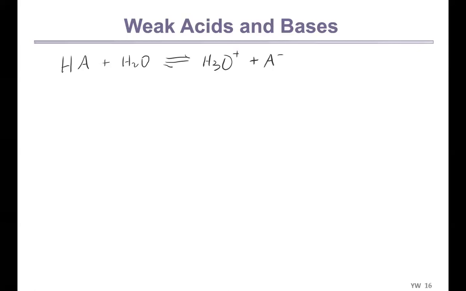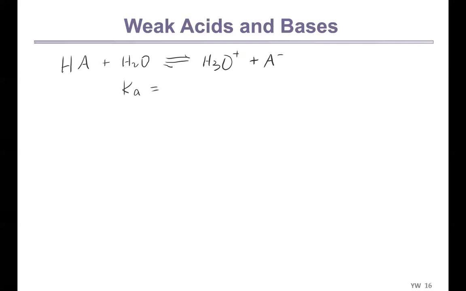Okay. And what is Ka here? So Ka is the equilibrium constant for a weak acid, right? And it's basically the same formula as the equilibrium constant. Again, like the Ksp, we're giving it a specific name.